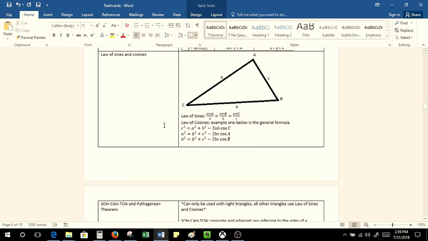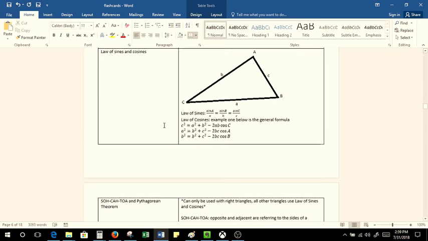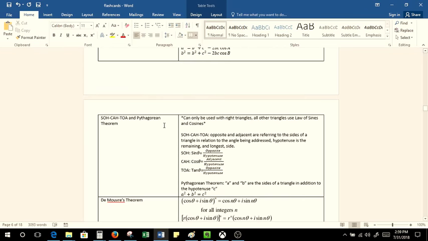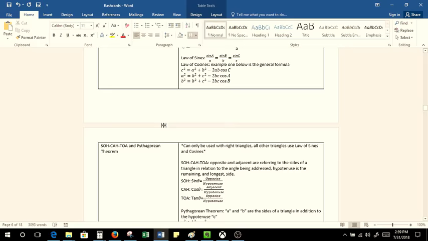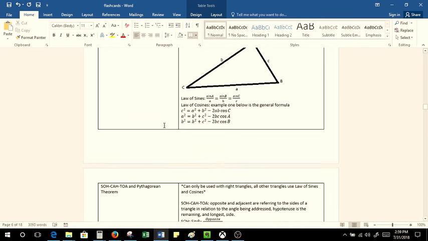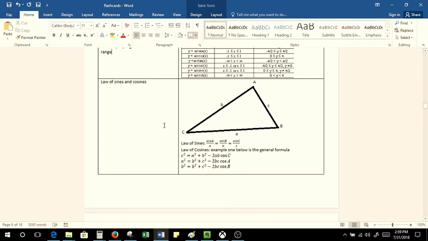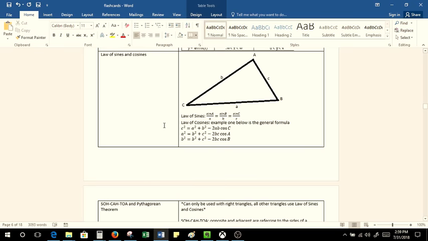Law of sines and cosines. Really what I want to get at between the law of cosines and sines versus SOHCAHTOA and Pythagorean theorem, these are the same thing, except SOHCAHTOA and Pythagorean theorem are easier because the triangle is at 90 degrees. So those formulas are derived from law of sines and cosines.